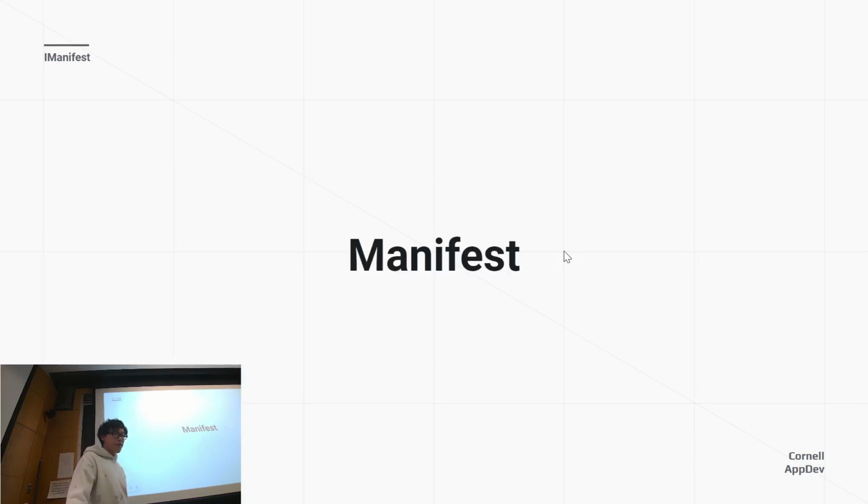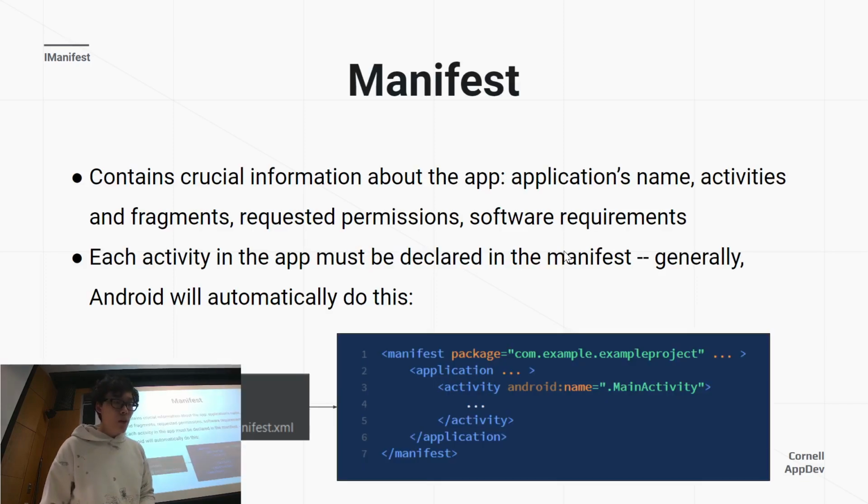Next, there are manifests. You most likely will not have to deal with a lot of it, but it is an important aspect of Android Studio that you need to know about. The manifest is kind of like that one file that contains crucial information of the actual app. It contains the names of the activities and the basic structure of your entire app.